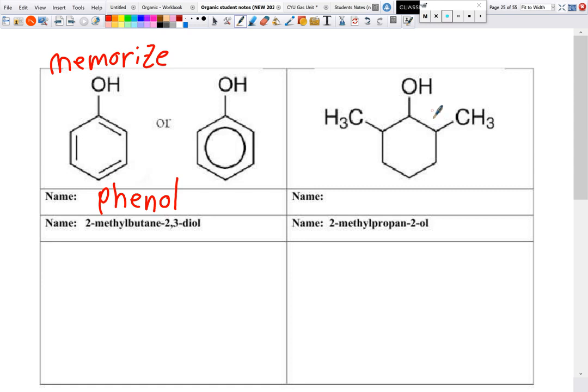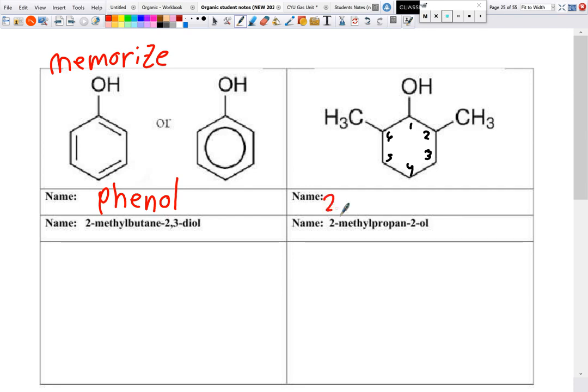Now for this one right here, it is another cyclic alkane one. Pause the video and give this one a try, because I'm going to put the answer up right now. So we are going to use the same rule where carbon 1 needs to go on the hydroxyl group, and then we're going to start labeling them going around to try to get our branches off the lowest numbers possible. So it has to look like that, where we only have 2 methyl branches, and they are on carbons 2 and 6.